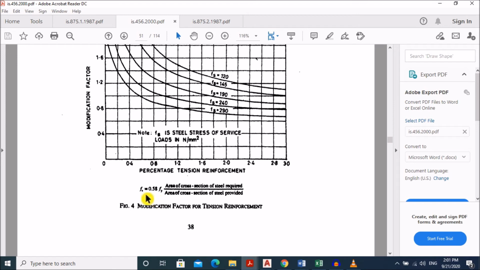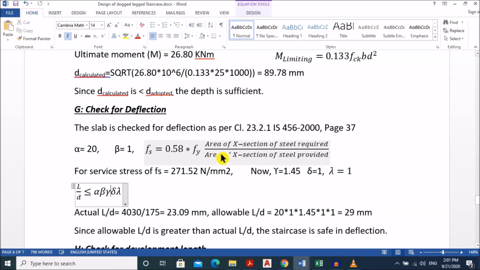Before that, we have to calculate Fs. This is 0.58 Fy, area of cross section of steel required, divided by area of cross section of steel provided. So we have to calculate Fs first. From this equation, the Fs value is 271.52 Newton per mm square. 0.58 multiplied by Fy, that is 500.